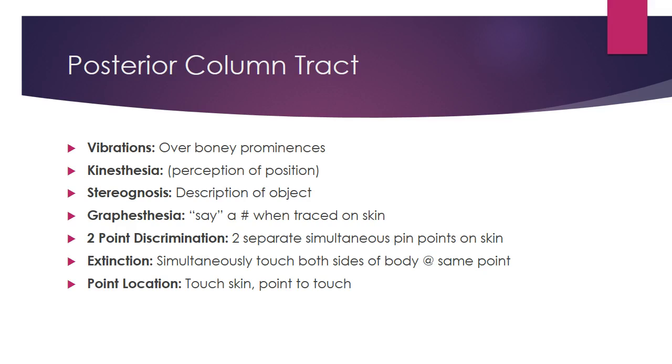But you simultaneously touch both sides of the body at the same point. And if they feel it on both sides, then that's good. And if they don't feel it on both sides, then they aren't noticing that one side is there. And then point location is touching the skin at a certain point.